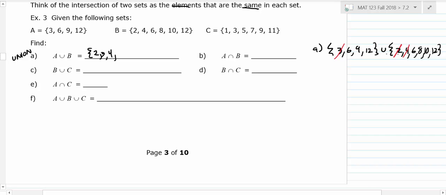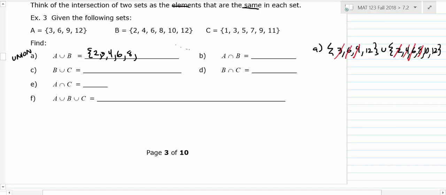Okay, is there a 5? I don't see a 5. I see a 6. Okay, and I see 6 twice, so don't duplicate it. Just put it in one. Don't go 6, 6. That's unnecessary. Okay, next thing I see is an 8, so I just write down an 8. Then I see a 9.